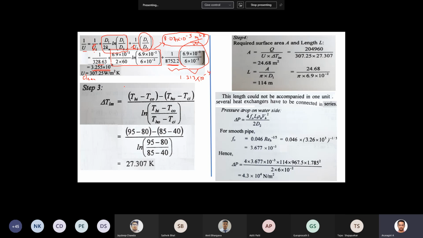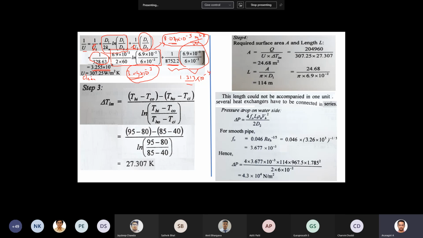So as I said, this 1 by 328.63 is 3.04 into 10 power minus 3. Now you look at the 10 power orders: 3 times 10 power minus 3, 8 times 10 power minus 5, 1.3 times 10 power minus 4. Okay, so this is the controlling resistance.